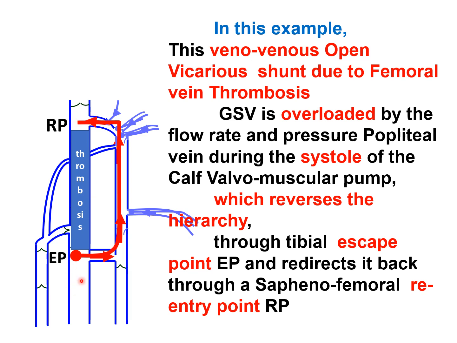This is an escape point from the popliteal vein through a tibial perforator, for example, without any reversed direction, but direct direction, and there is an overload of the great saphenous vein here with the reentry back in the common femoral vein.